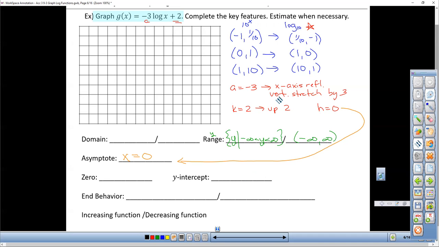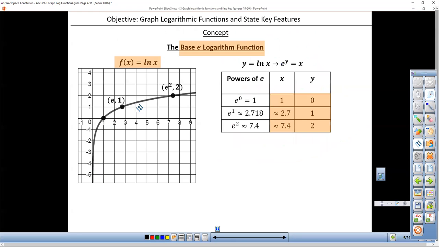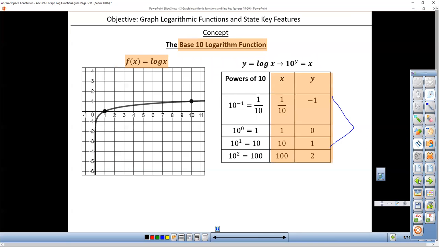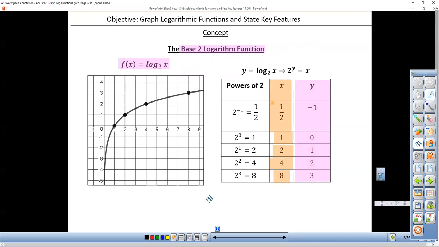So my x-axis reflection is going to take my logarithm function, which starts as an increasing function, and switch it to decreasing. But unless I have a y-axis reflection, my points are still going to be to the right of my asymptote. So notice how in all of our parent logarithm functions, our curve is to the right of the asymptote of the y-axis.